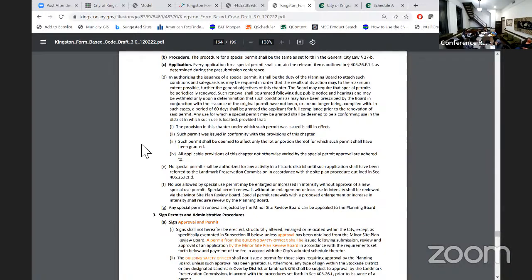Yeah, so that word is wrong. So it should be revocation, right? Yeah. Correct. Okay.